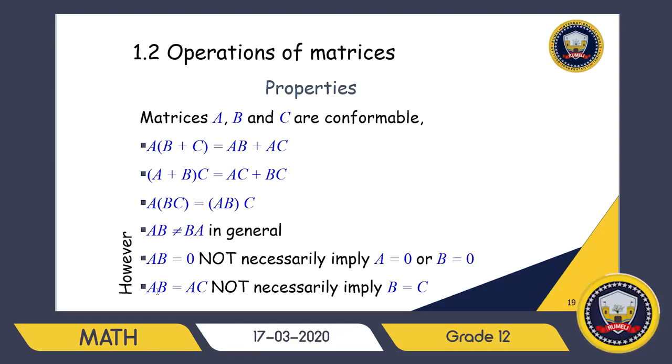The last property: if we have A times B equals A times C, still we cannot say that B is equal to C. So guys, the properties with numbers are totally different from matrices. So we have to pay attention especially to these three properties.